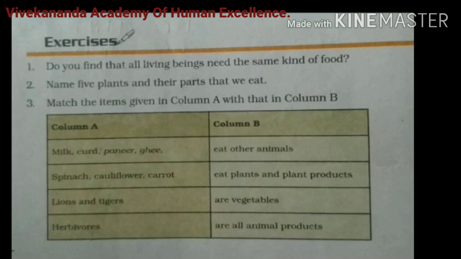Next question: name 5 plants and their parts that we eat. Actually, so many plants and their parts can be mentioned here, but we will discuss 5 plants and their parts that we eat. The answer is: paddy, seed.